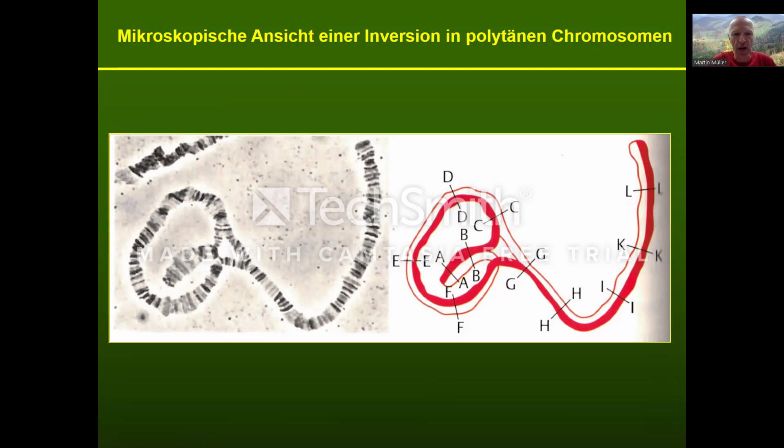Of course, not by very high resolution, but you get an idea where the breakpoints have occurred. Okay, so this is how inversions look like. And these inversions, they are now very important to understand how balancer chromosomes work.